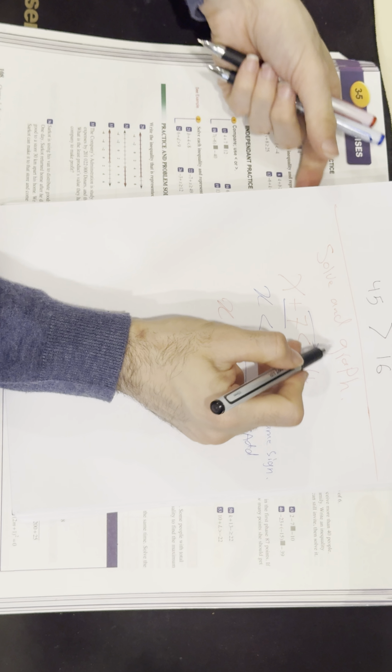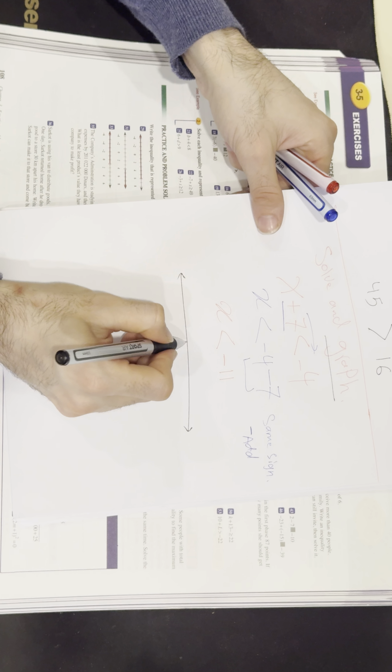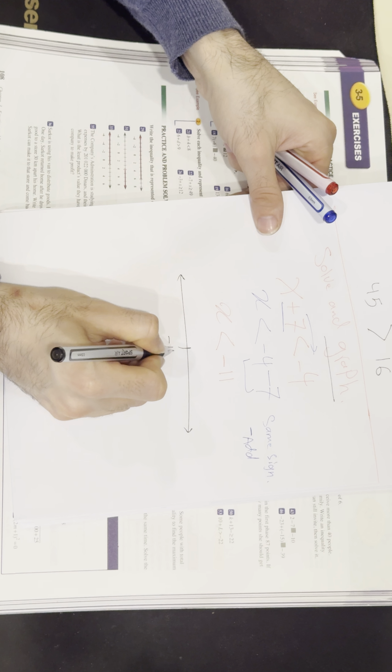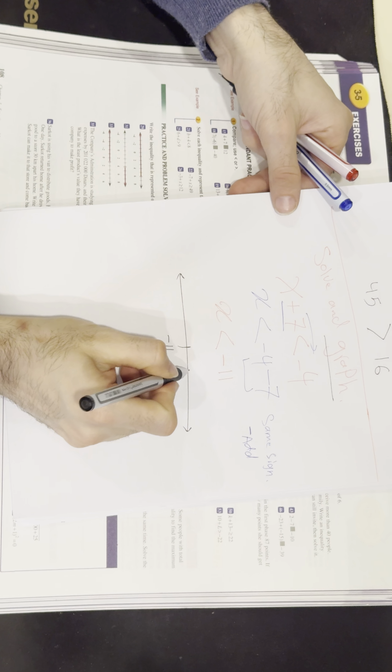Then we have something which is called a number line, which is a graph. So now we're going to graph. How are we going to graph? I'm going to create a number line. What is this number? It's negative 11. So I'm going to write negative 11. We already said the right side is a bigger number, and we already know that in negatives, when the number is smaller, it's closer to 0.